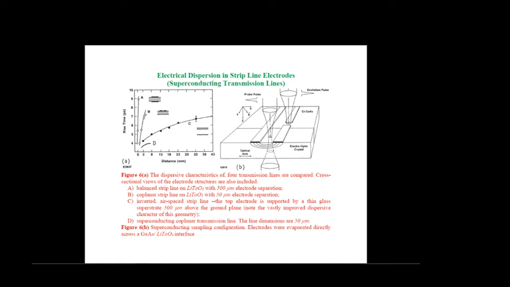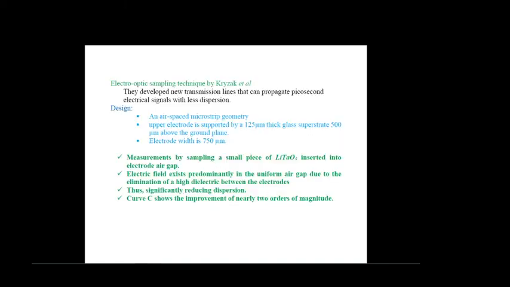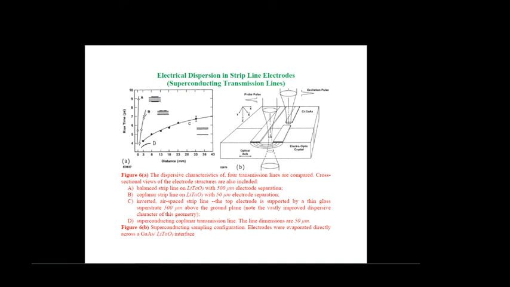So from that you can understand how the sampling technique is evolving. Then after that, two things are discussed. The same electro-optic technique is used here for superconducting transmission lines.